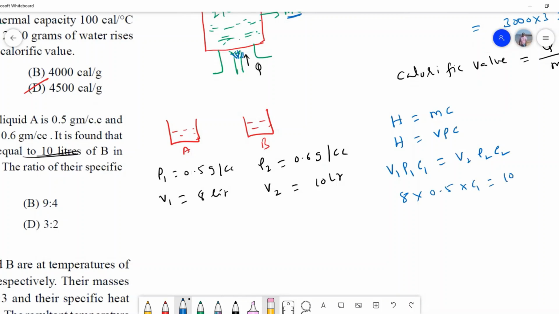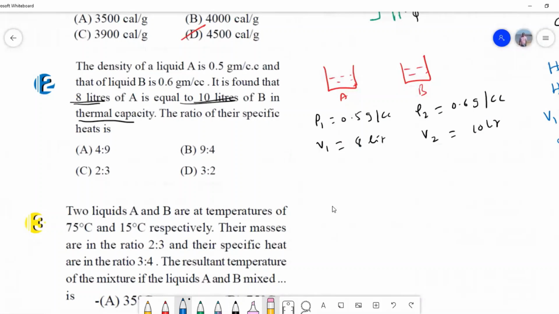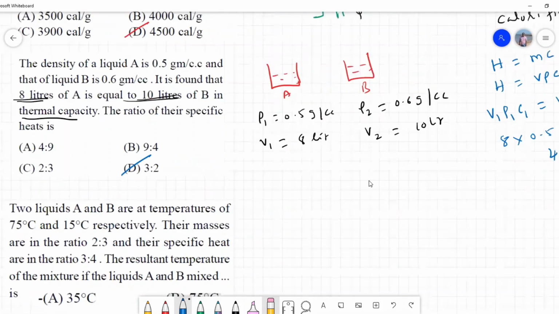V2 again 10. Rho 2 is 0.6 into C2. So this becomes 8 times 0.5 is 4, so 4C1 is equal to 6C2. That implies C1 upon C2 is 3:2. Let me check the answer. Yes, option number D is the correct option. So here the ratio of specific heats is 3:2.